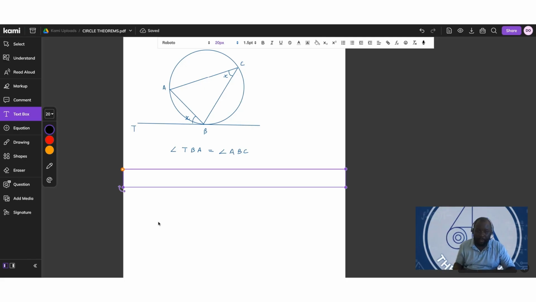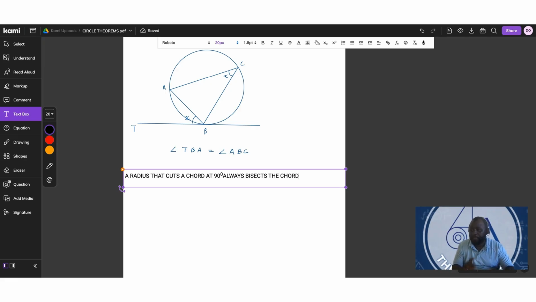So we say in the final law, a radius that cuts a chord at 90 degrees always bisects the chord.